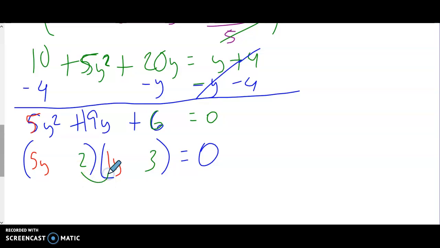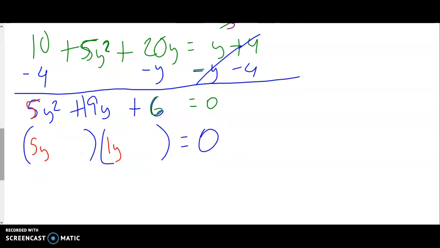What do we get? 2y plus 15y is 17y, that's still not my 19y. 6 and 1 maybe? 6y and 5y is 11y, that did not work. 1 and 6, we get 30y and 1y is 31y, that did not work either. Alright, so it's not factoring nicely. So let's go back and we'll just do the quadratic formula.